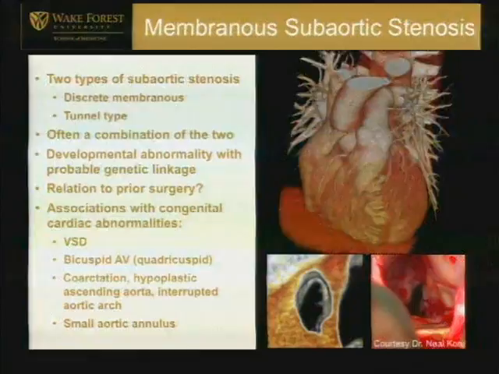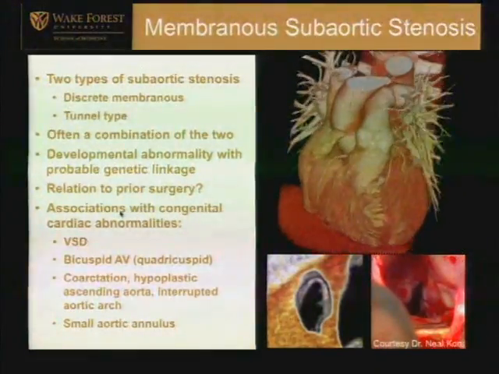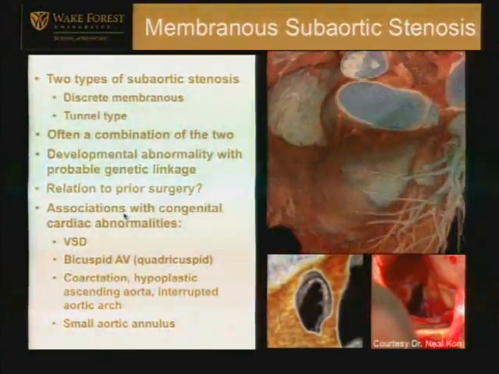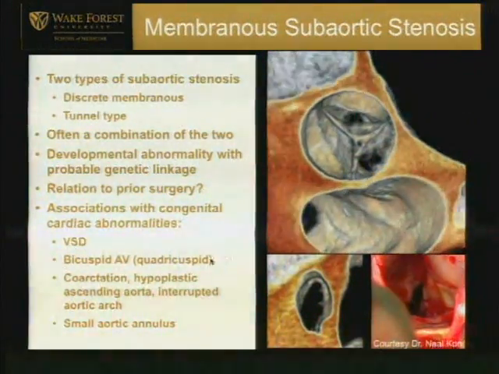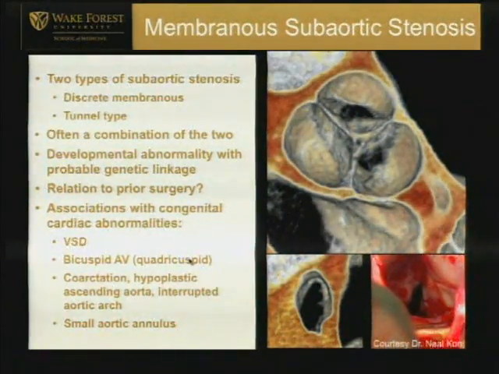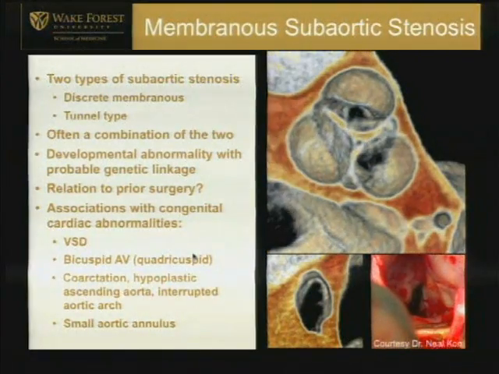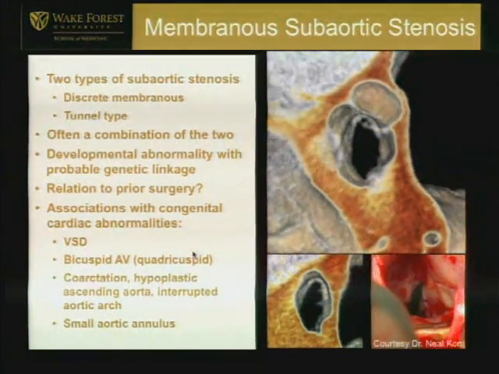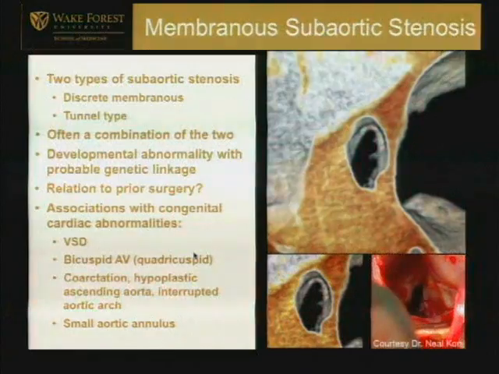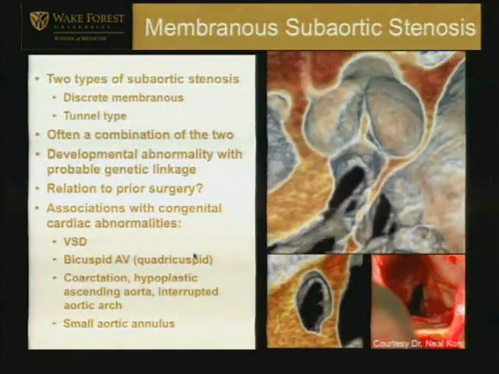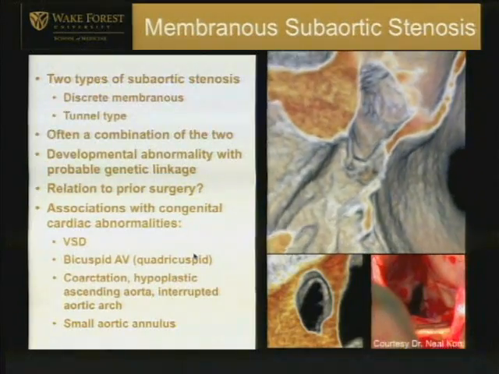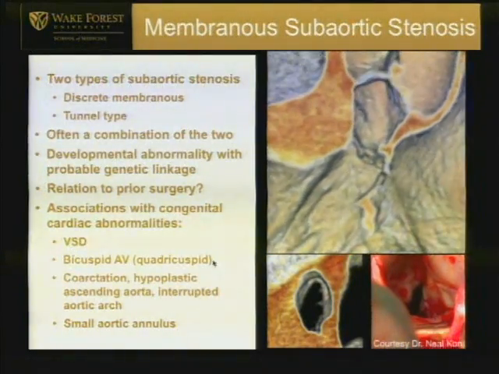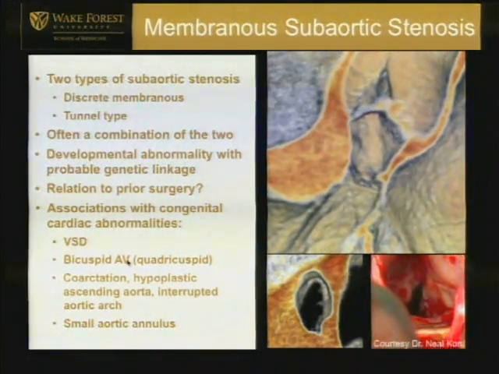And there's a common association with a variety of different cardiac abnormalities. The most typical is one of a VSD. There's also bicuspid aortic valve, quadricuspid aortic valve. One study had reviewed a series of 72 patients. And in those 72 patients, they found 2 patients that had quadricuspid valve, which is way out of line with the typical incidence of that developmental abnormality.